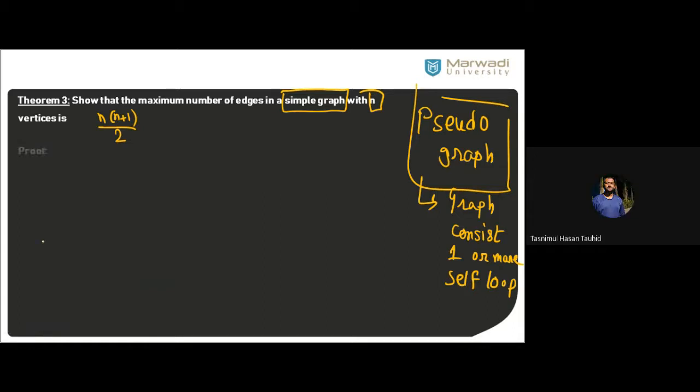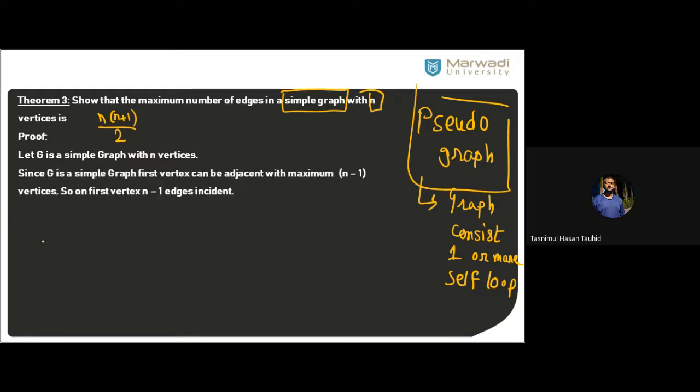First things first, we will assume G is a simple graph with n vertices. We assume that the name of the graph is capital G. Since G is a simple graph, the first vertex can be adjacent with a maximum of n minus 1 vertices.